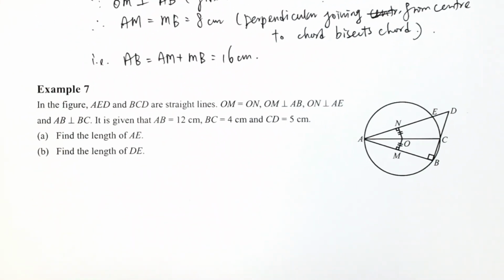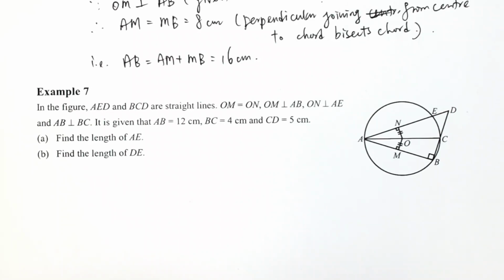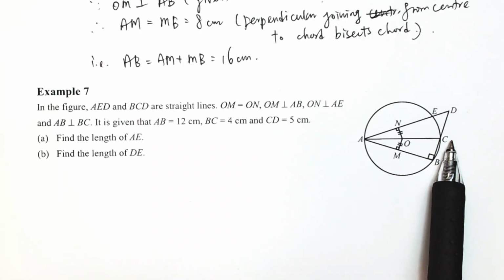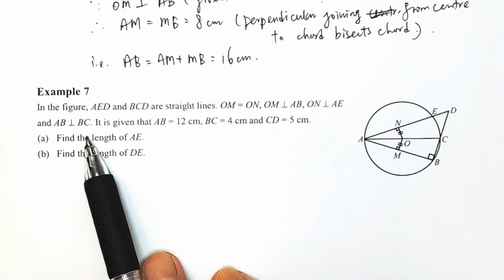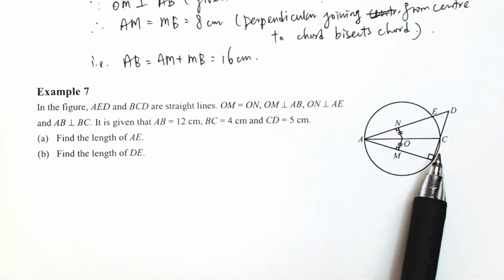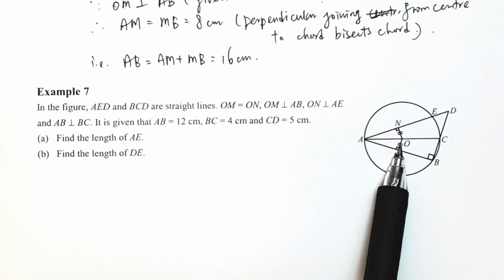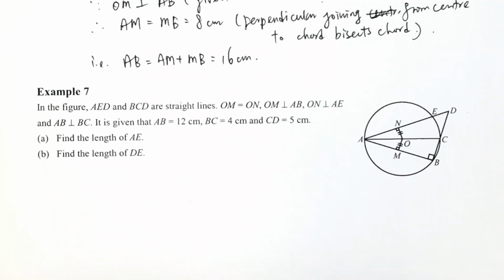Now the last example for references 1 to 5. Example 7, you have two straight lines, AED and AB, and AC is the diameter. AB is perpendicular to BC here, and of course, O is the center of circle.